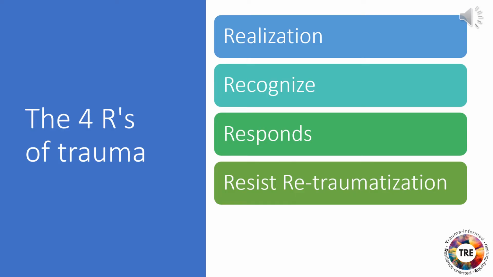This means recognizing signs and symptoms of trauma, not just in the workplace, but also in family and friends. The third R stands for response. This means responding by integrating knowledge about trauma. The final R stands for resist re-traumatization. It is very important to ensure that while practicing trauma-informed care, not to re-traumatize someone.